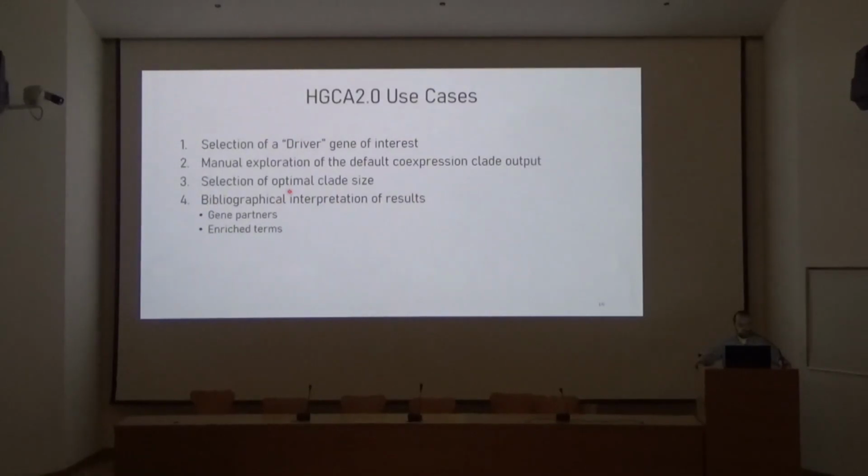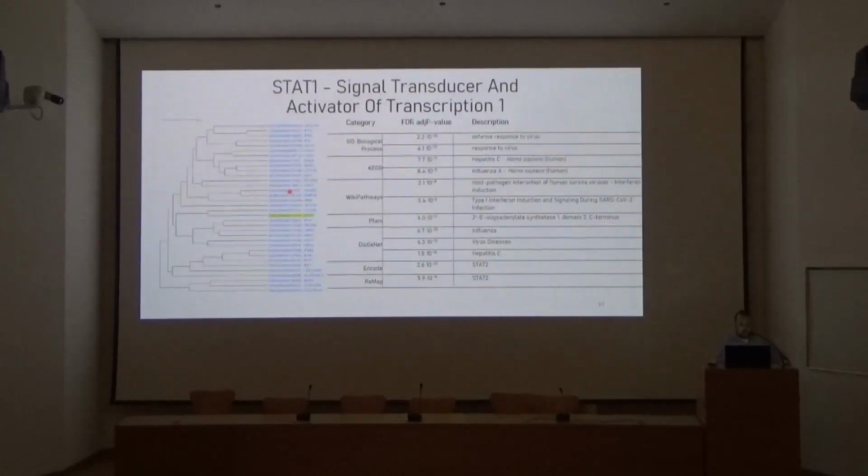We have many indications for that, including gene partners that we know exist and enriched terms. Then, from the gene partners of the tree that we select and the enriched terms from all kinds of analysis, we try to interpret the results by asking experienced partners in that field and through bibliographical search. So, let's start.